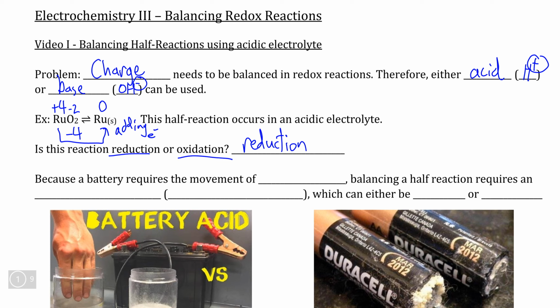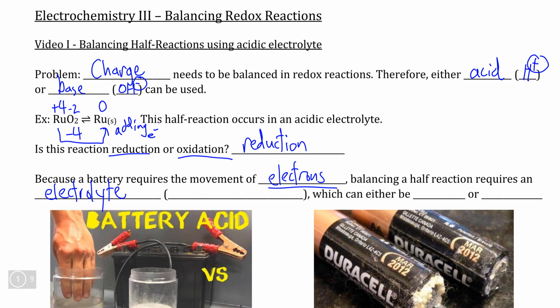Because a battery is basically a controlled redox reaction, it involves the flow of electrons from one point to another. The reason we need an acid or base within a battery is that it functions as an electrolyte, the ions within a solution that make the solution electrically conductive so that electrons can move from one point to another through that solution.